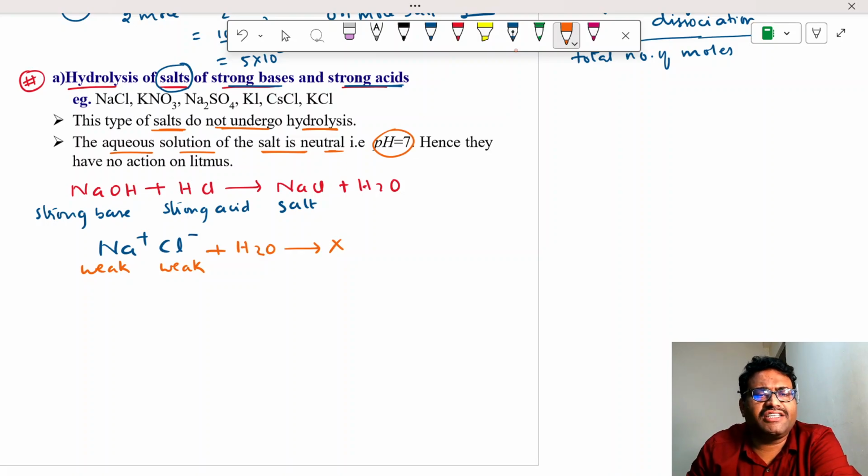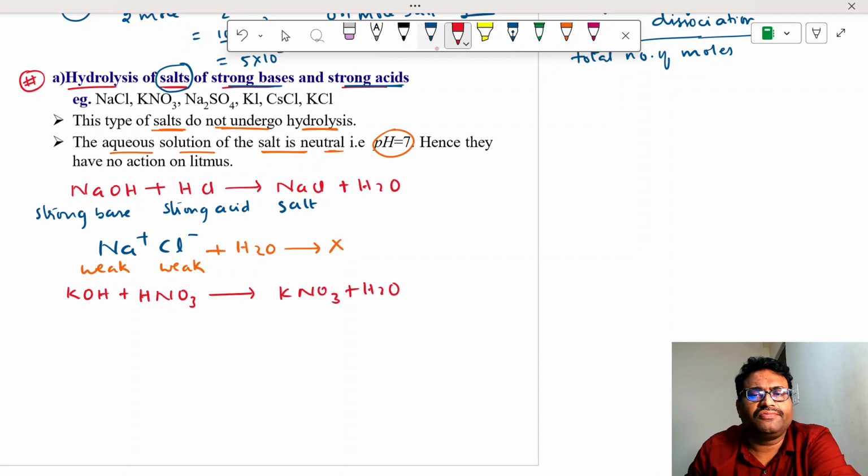In the same way, let us take KNO3. How is this KNO3 formed? KOH, when it reacts with HNO3, gives KNO3 plus H2O. Again, strong base, strong acid, salt.